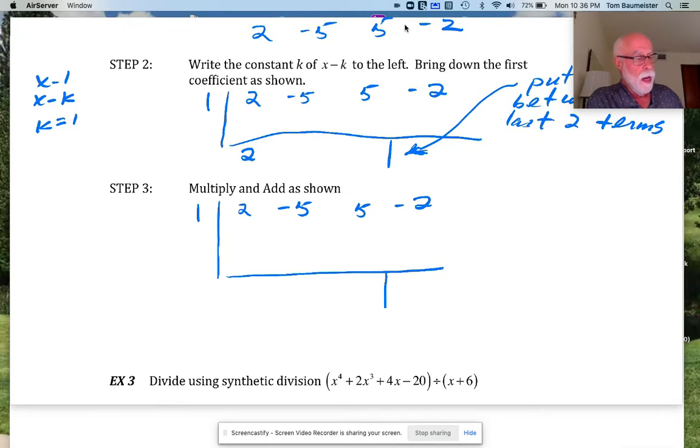They told us to bring the first one down, which I did. Now I'm going to multiply 1 times 2, which is 2. And then I'm going to add.